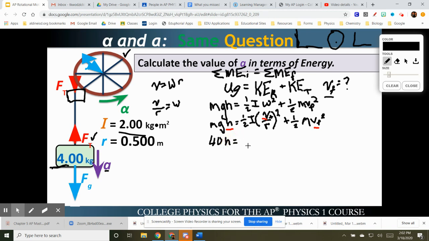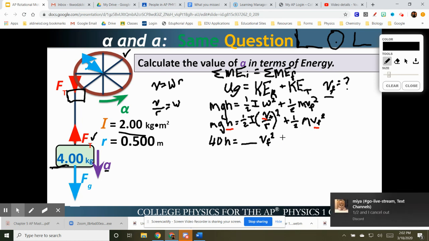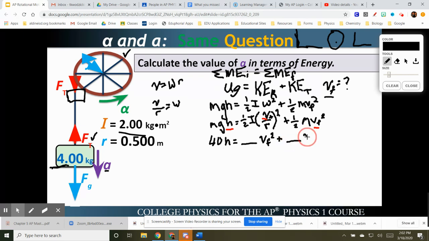Equals, and then what number is going to go in front of v_f squared here? And then plus, what number is going to go in front of v_f squared here?